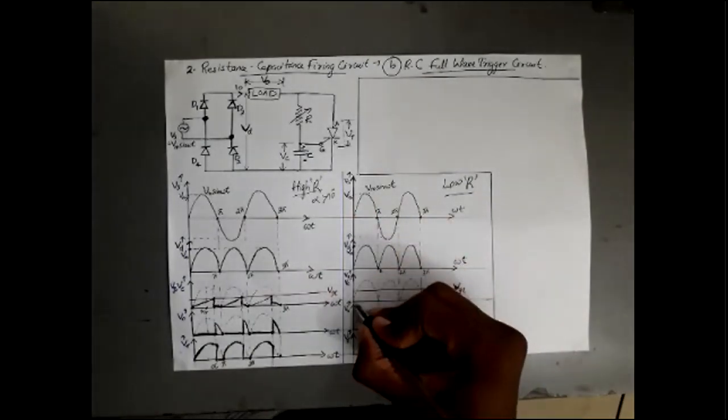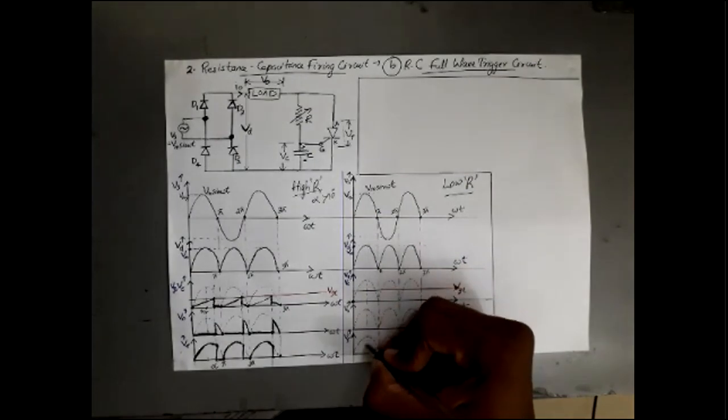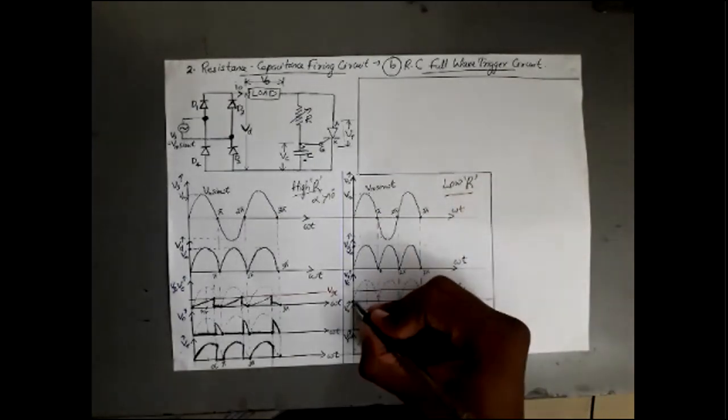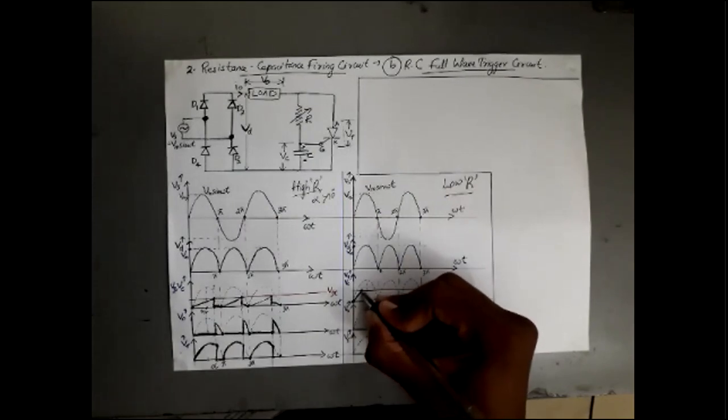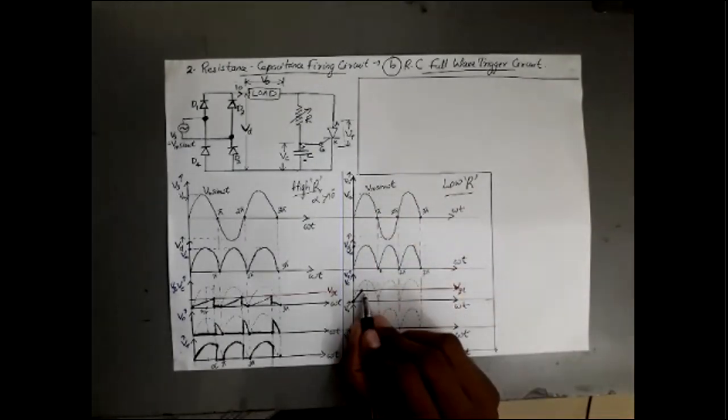So at omega t equal to 0, my capacitance voltage was 0. Then when it is charged at a higher rate, because resistance value is low, my capacitor starts charging at a higher rate, so that at angle alpha, which is less than pi by 2, my Vc becomes equal to Vgt.